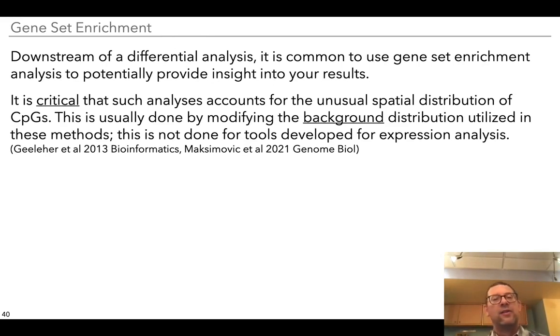And this is typically not done for tools that were developed for analysis of RNA expression data. One of the first papers I read on this was from 2013, and there was a new publication in Genome Biology that does this at the differentially methylated region level instead of at the individual CpG level, which I would recommend having a look at. This is really critical to think about.